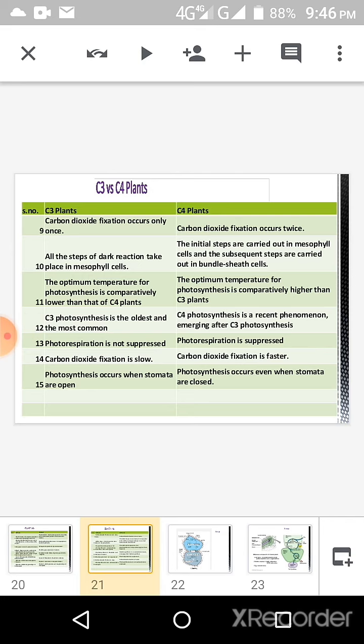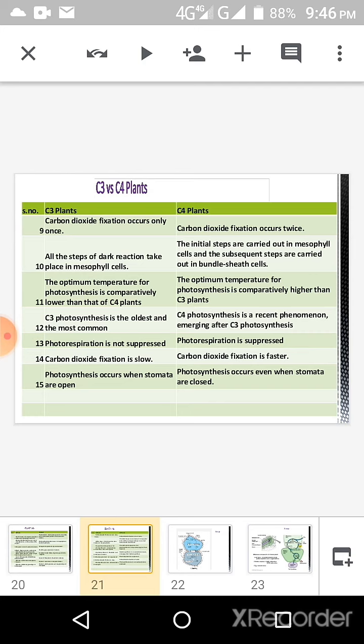The optimum temperature for photosynthesis in C3 plants is comparatively lower than that of C4 plants. The optimum temperature for photosynthesis in C4 plants is comparatively higher than in C3 plants. C3 photosynthesis is the oldest and the most common. C4 photosynthesis is a recent phenomenon emerging after the C3 photosynthesis.